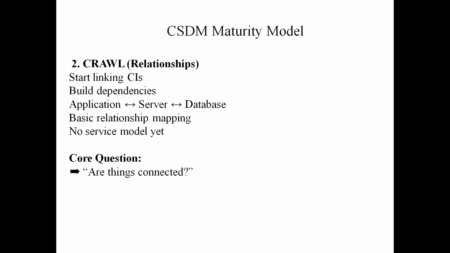This is basic relationship mapping, but we still don't have a complete service model. We know the application runs on a server, but we still don't see the full service picture. The key question at this stage is: are things connected?